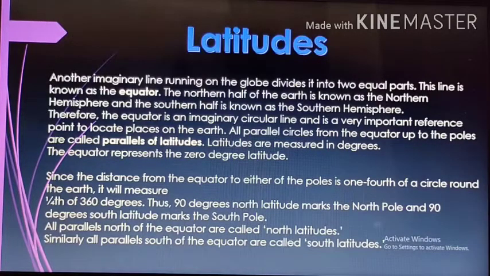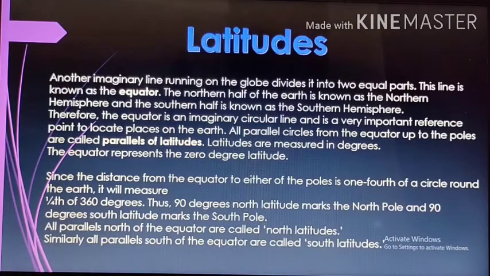They are both equal halves. Therefore, the equator is an imaginary circular line and is a very important reference point to locate places on the earth. All parallel circles from the equator up to the poles are called parallels of latitude.